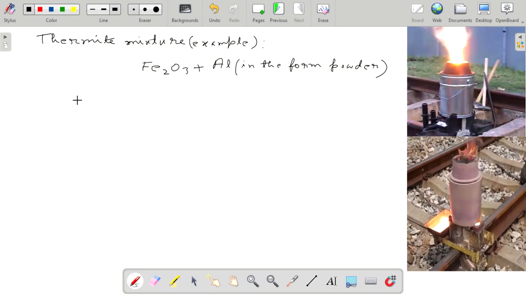The reaction can be written in this way. The reaction between Fe2O3 and aluminium powder will start if the mixture is ignited.